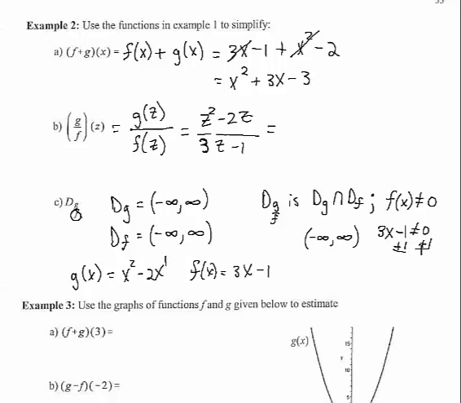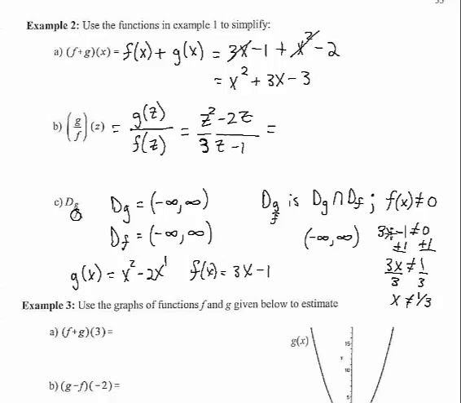I simply add 1 to both sides, and I divide by 3, keeping the does not equal sign, and I end up with x does not equal 1/3. So if I do not want 3x minus 1 to equal 0, then at the same time I do not want x to be 1/3.